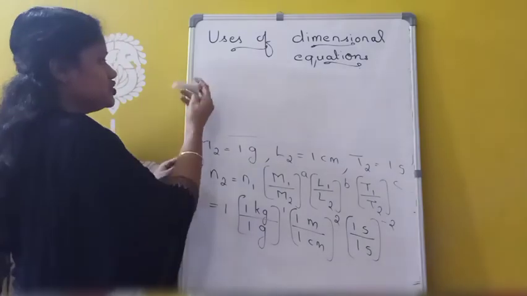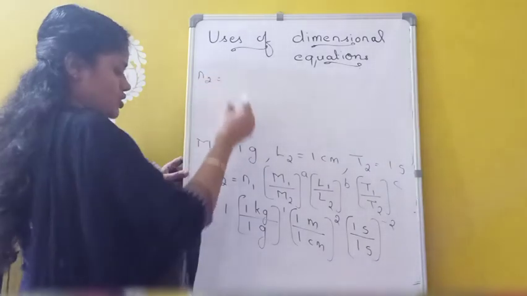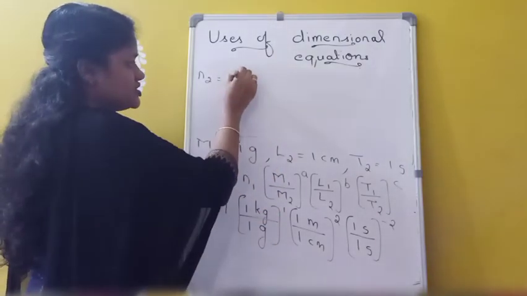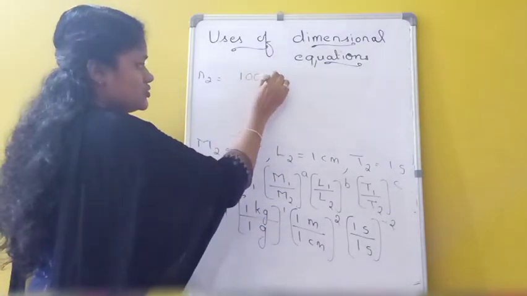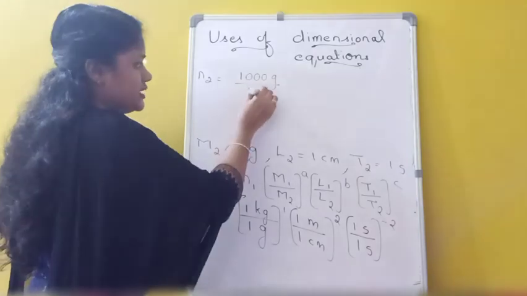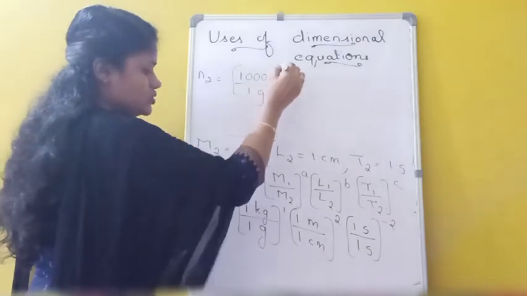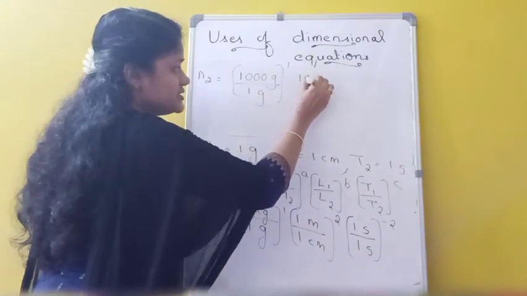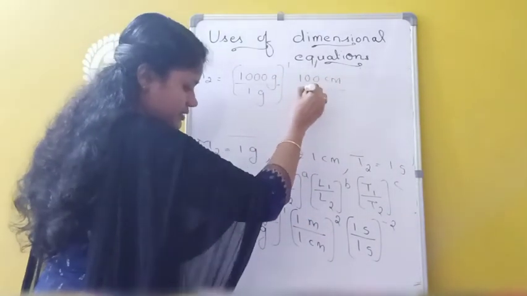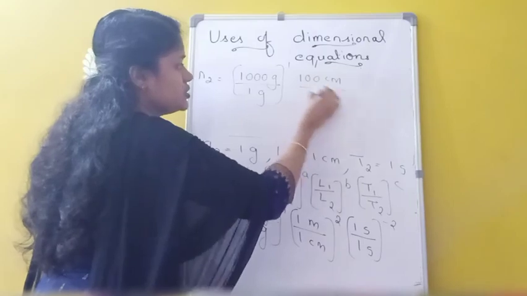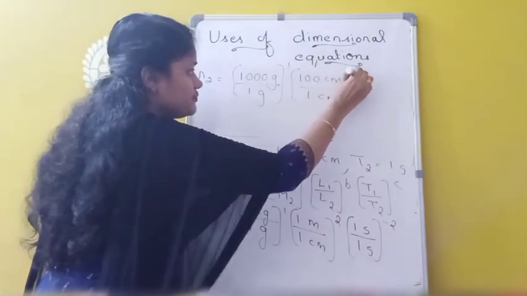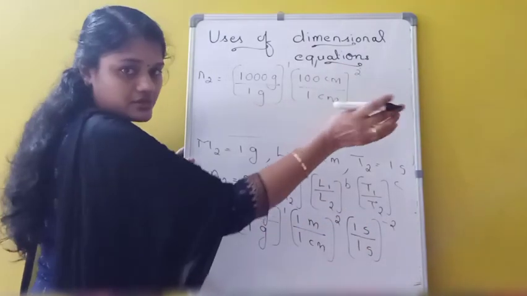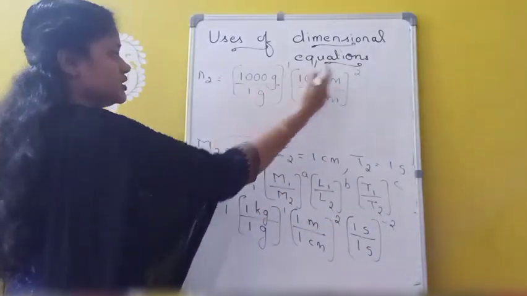So N2 equals 1 into, 1 kilogram I am converting into gram. 1 kilogram is how many grams? 1000 grams, divided by 1 gram, raised to 1, into 1 meter, how many centimeters? 100 centimeters, divided by 1 centimeter, the whole square, into 1 second cancelling 1. 1 raised to minus 2 is 1 only, so I am leaving that.